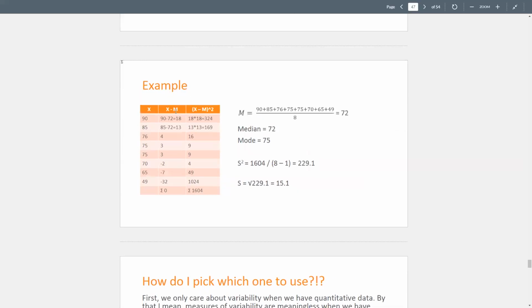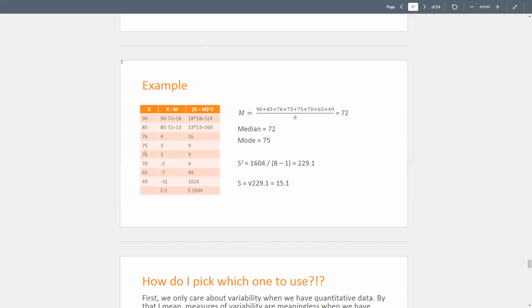Here I'm just walking through, basically, here's our raw data, this X column. So we can see we have 90, 85, 76, 75, 75, 70, 65, 49. If we take the average of all of these, the mean, we add up each one, divide by the total number of 8, we get 72.